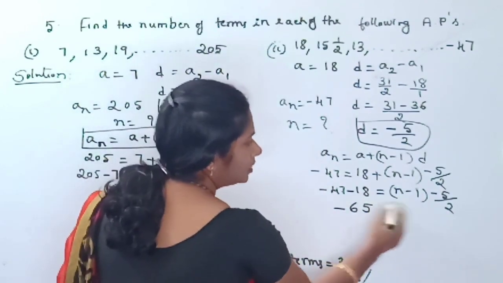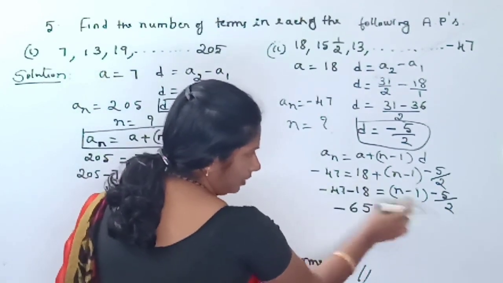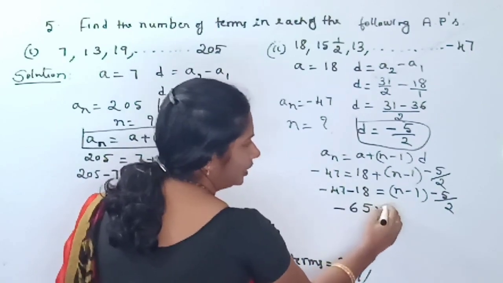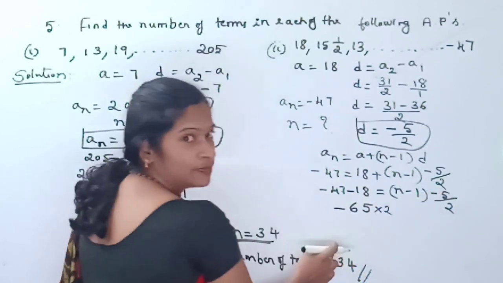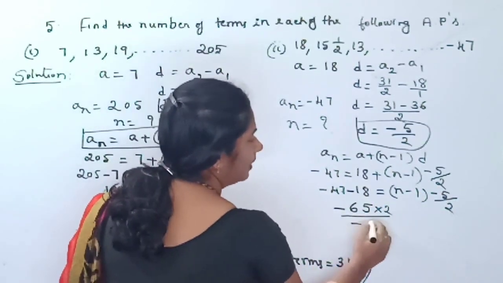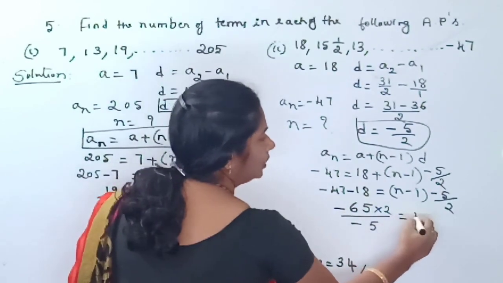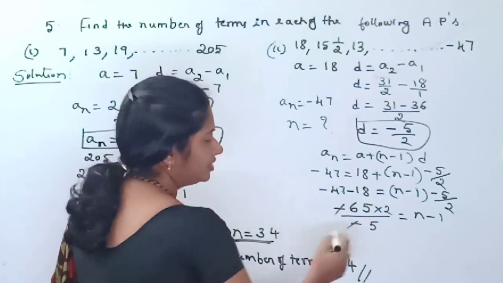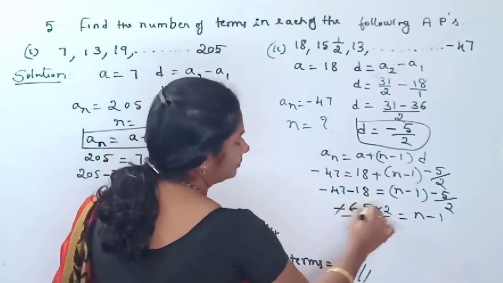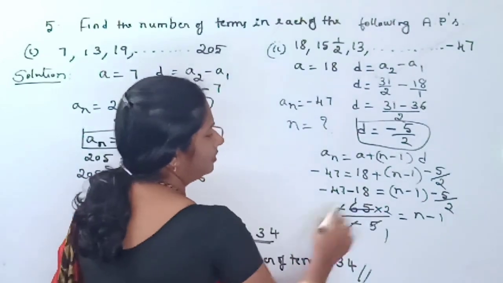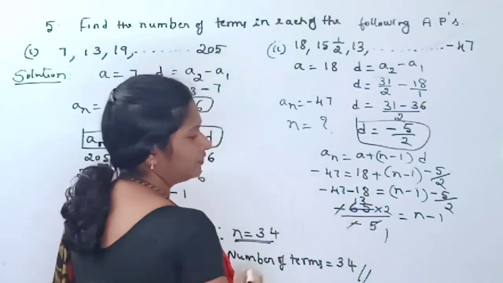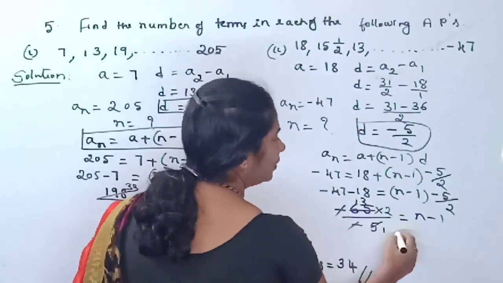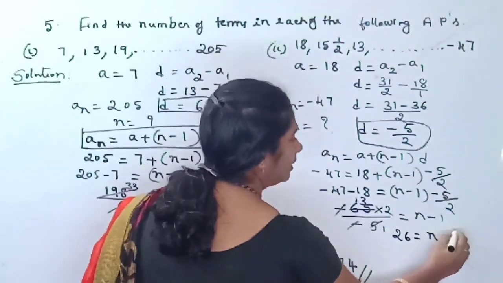The 2 becomes into, and this minus 5 becomes divided by 5, equal to N minus 1. So minus minus gets cancelled, children. 5 ones are 5, 5 thirteens are 65, so 13 twos are 26 equal to N minus 1.